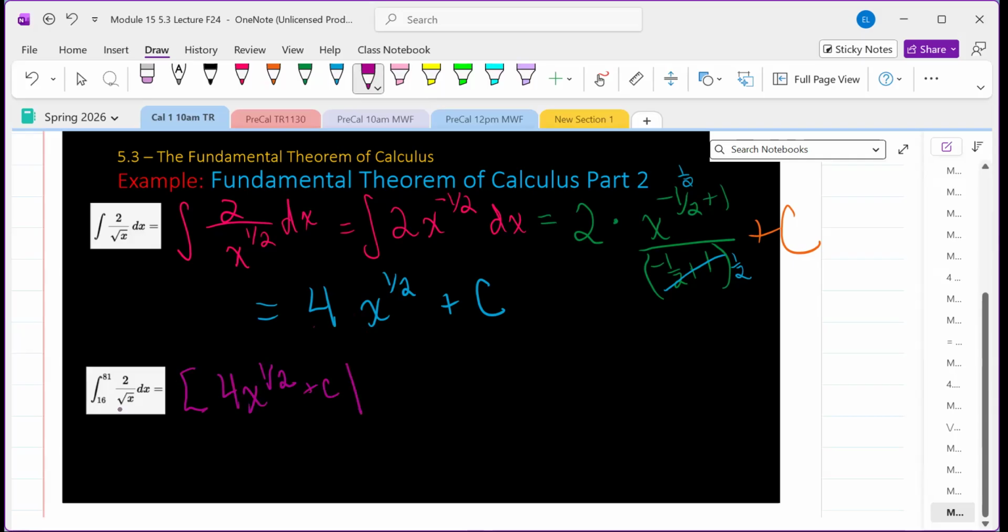And then after that, I put this straight bar and I put my two numbers from the bounds on the antiderivative. So this bar here is saying plug in the top number minus plug in the bottom number.